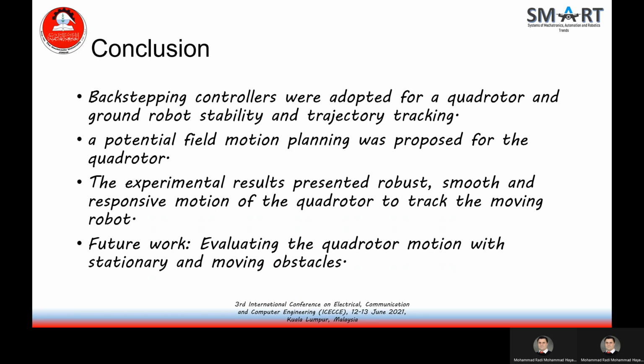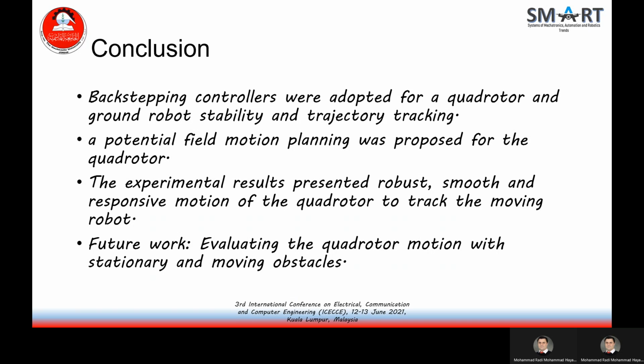This paper discussed the experimental evaluation of the quadrotor motion while tracking a moving ground robot. Backstepping controllers were adopted for each robot's stability and trajectory tracking. Furthermore, a potential field motion planning was proposed for the quadrotor due to its mathematical elegance and simplicity to determine the path in minimum computation time.